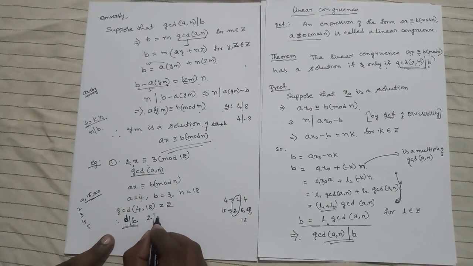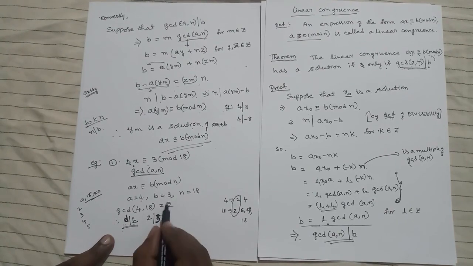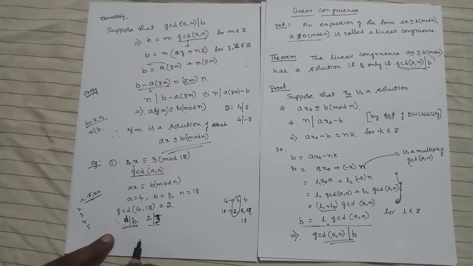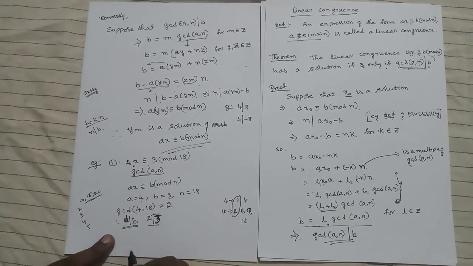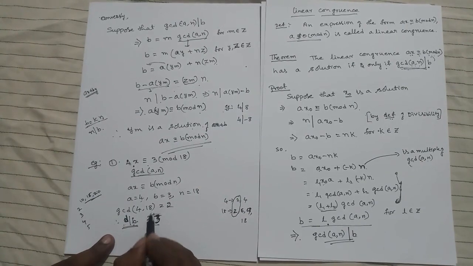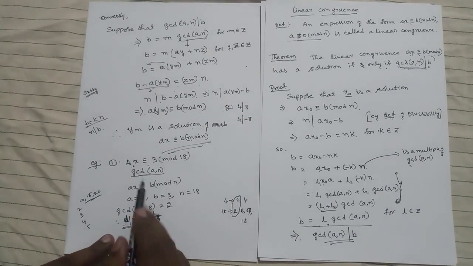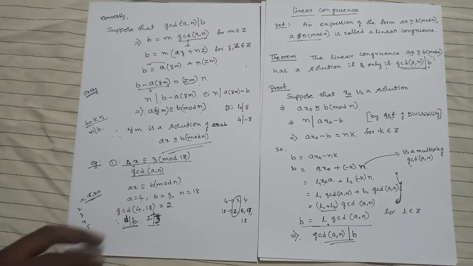Does 2 divide 3? The b value is 3. If you divide these two, you will get a fraction. So 2 does not divide 3, and 2 does not divide 3 means you don't have a solution for this equation.